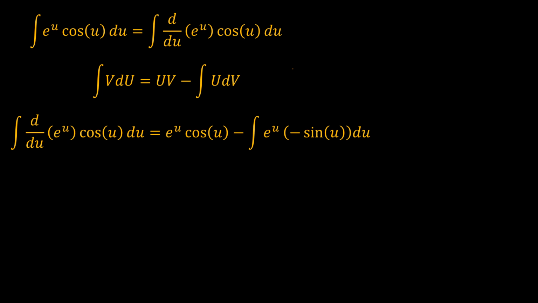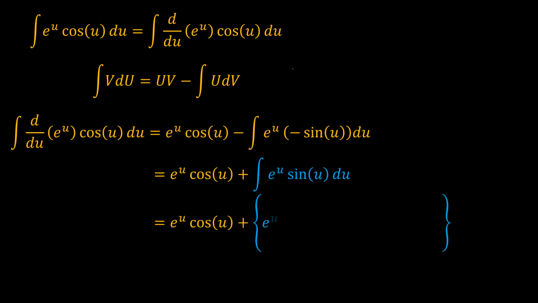So the negative and negative here can interact, so we have a positive plus the product e to the power u and sine u. And then you again do the second, the nested integration by parts, where we repeat the same exact process.